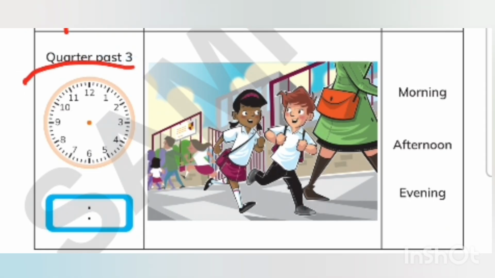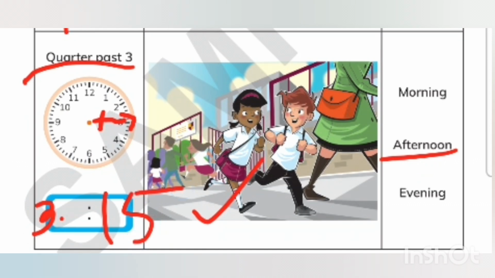Now this is 3:15. You can see that the kids are going towards home from school. So this is the afternoon, and 3:15 means that the big needle will be on 3, and here it is written 3:15, because 3 is showing the hour, and if we are counting the minutes, we will multiply 3 with 5, then it will become 15.